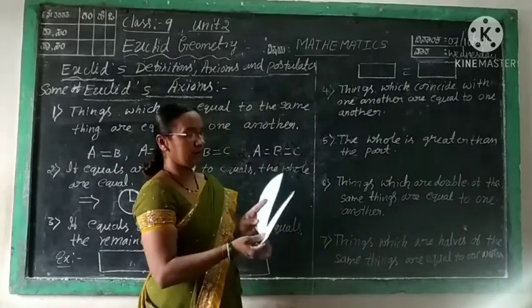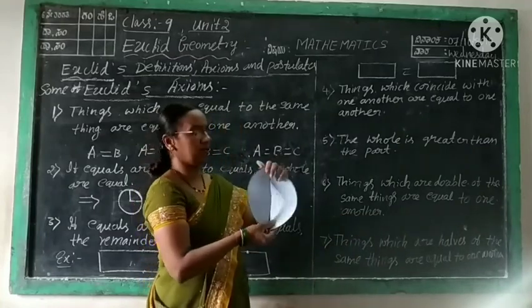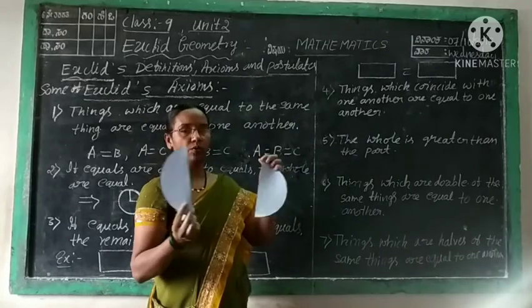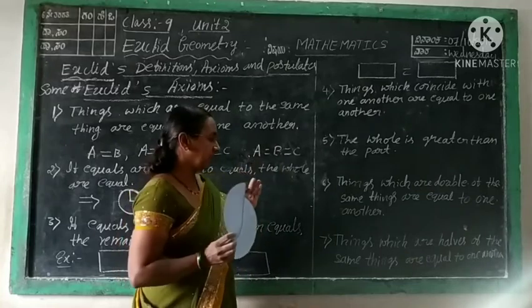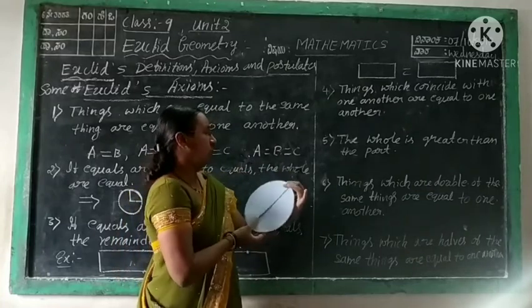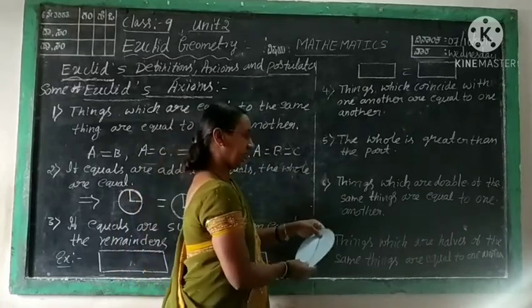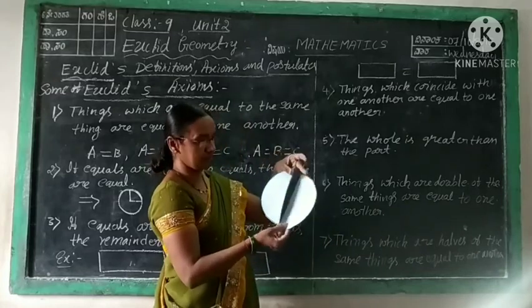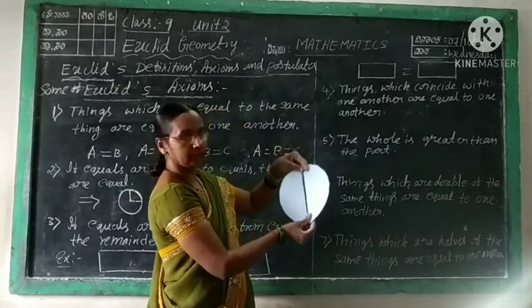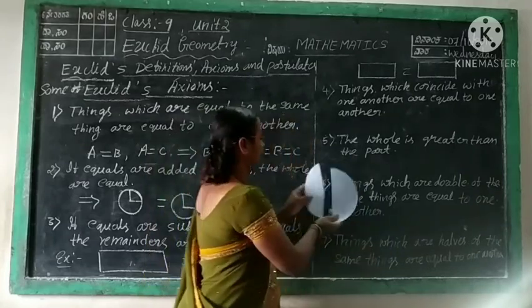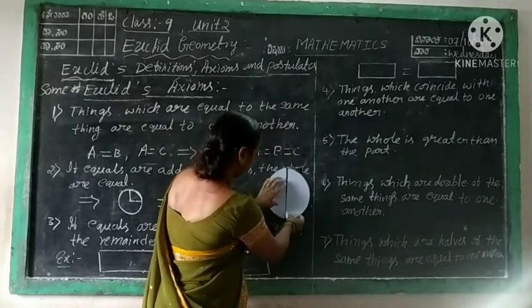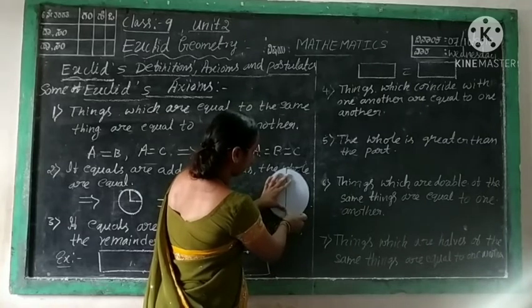Take one circle divided into two equal parts, shown here. The whole circle is divided into two parts. Then the two parts of the same circle we join here. Then we compare the joined parts with the whole circle.